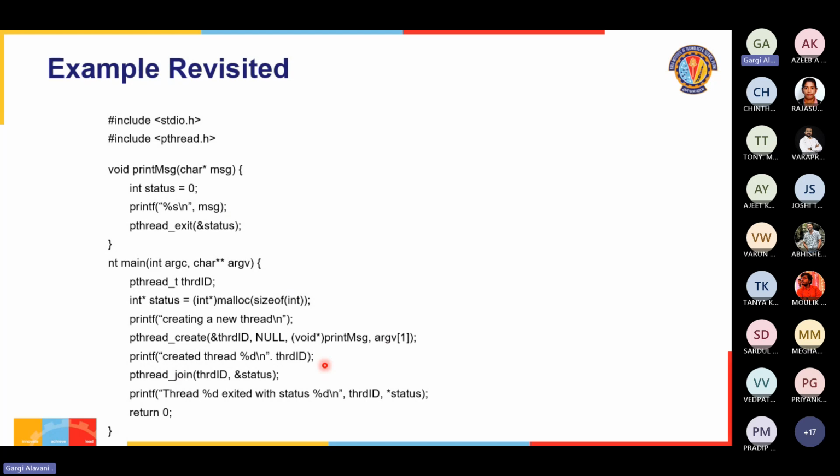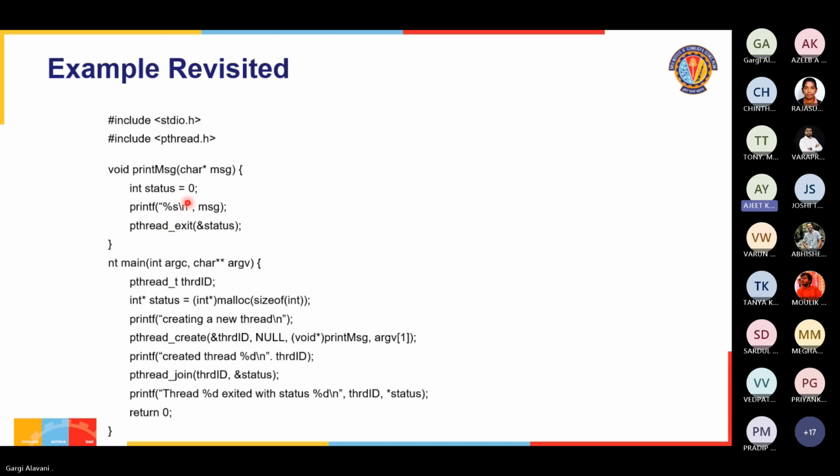So in this function, what is happening here? Here we don't have pthread exit. We have pthread join. No, we have exit in the print message function. The exit is in the main function.